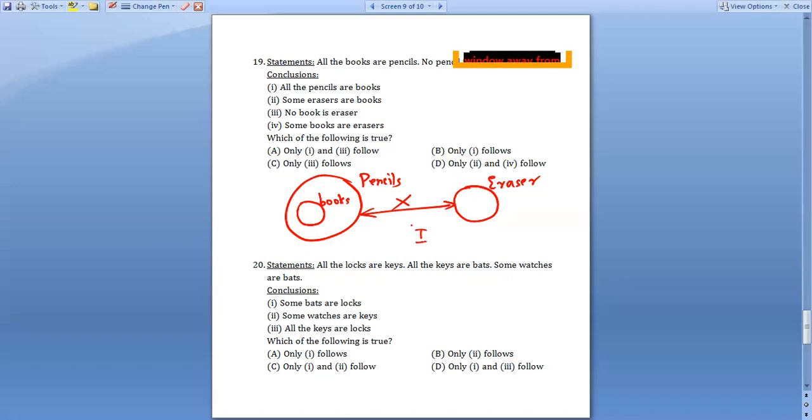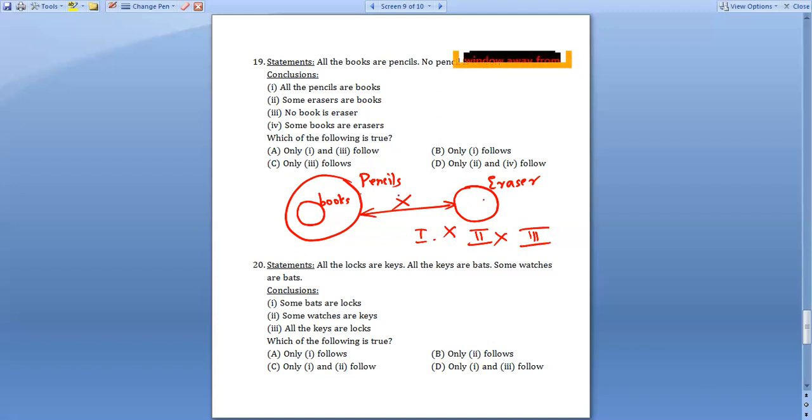Conclusion 1, all the pencils are books, which is not true. Some pencils are books. Not all the pencils are books. So conclusion 1 doesn't follow. Conclusion 2, some erasers are books. No, when erasers and pencils are not connected, how can you connect erasers and books? So this is not true. Number 3, no book is eraser, which is true.